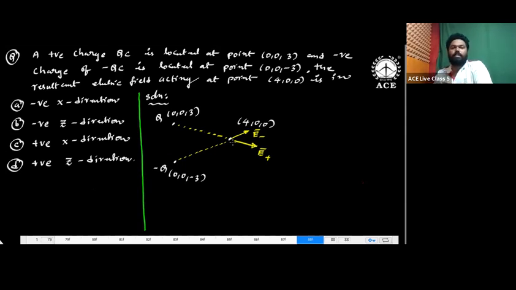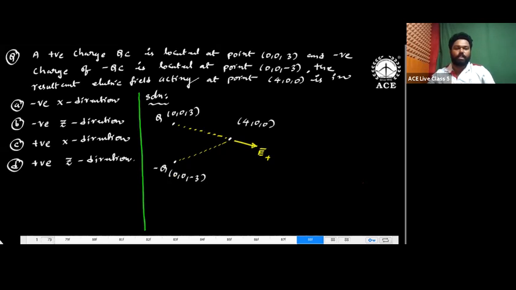Whenever the charge is negative, the electric field is towards the negative charge, isn't it? So what is the direction here? Towards this one. When you take the direction towards the charge, as you have already taken the direction, you need to discard the negative sign, and you need to do this point minus this point. This is a precaution to be taken.